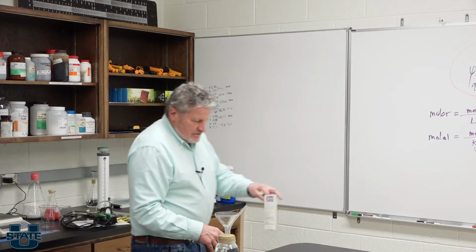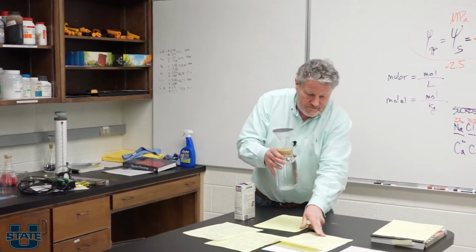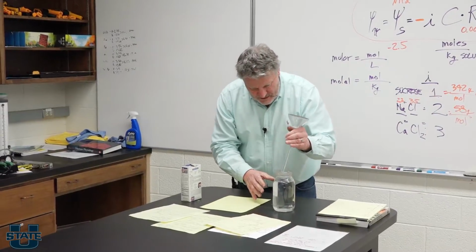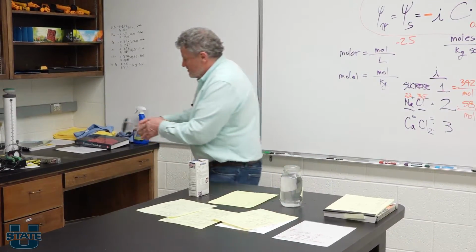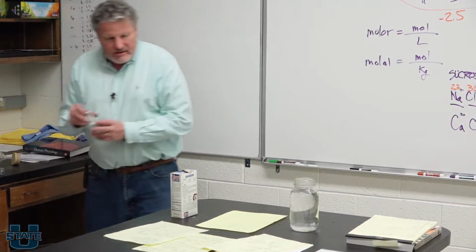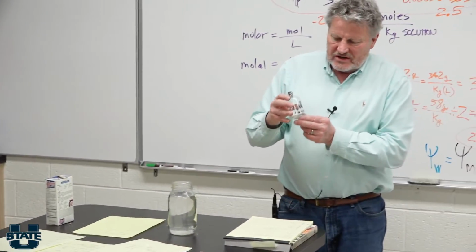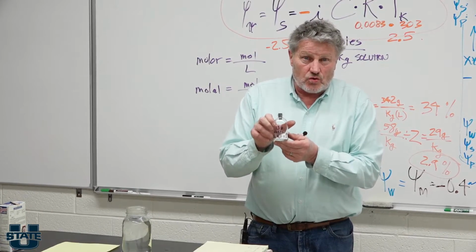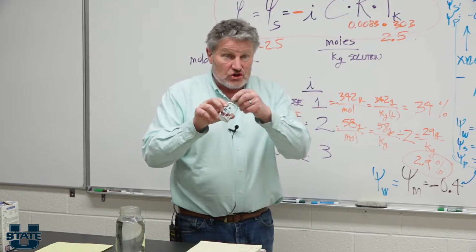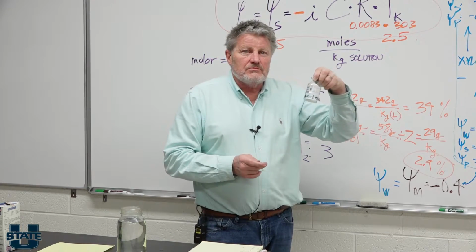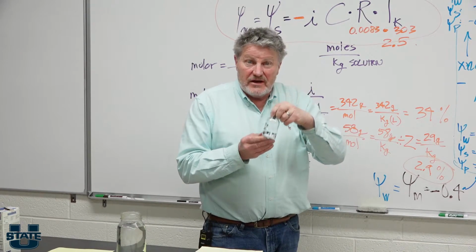Yeah. Here. We're going to take our soil plant atmosphere continuum and sacrifice this to science. This is 13 grams of salt, and 13 grams of salt is slightly less than a tablespoon.